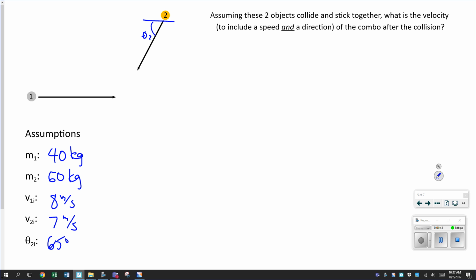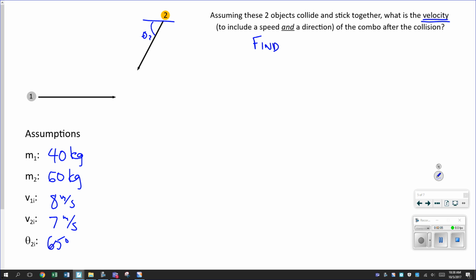Sure. Okay, now the component solution means that we're going to find the velocity of something, but to do that we're going to have to know the momentum first, and just use momentum as m times v.